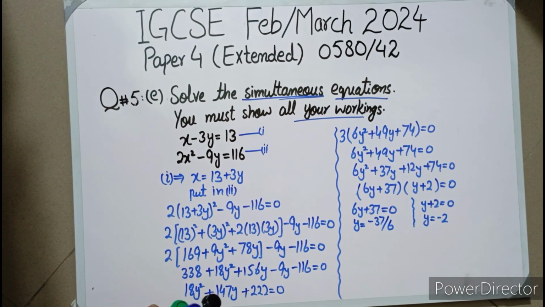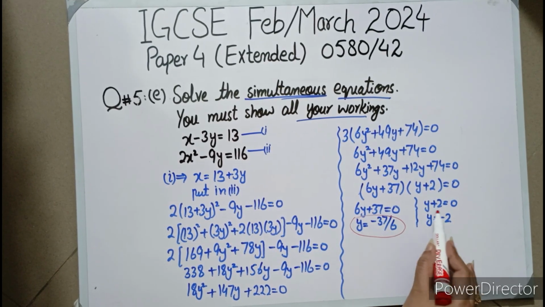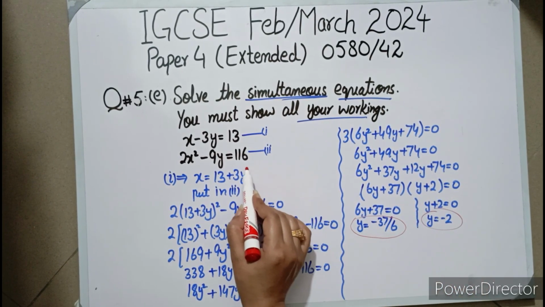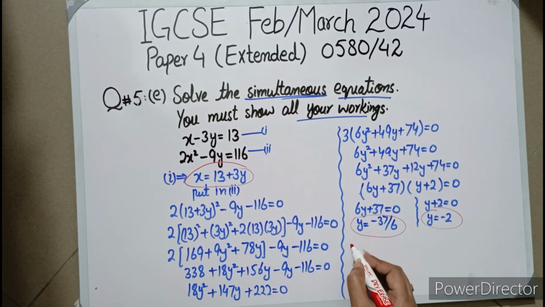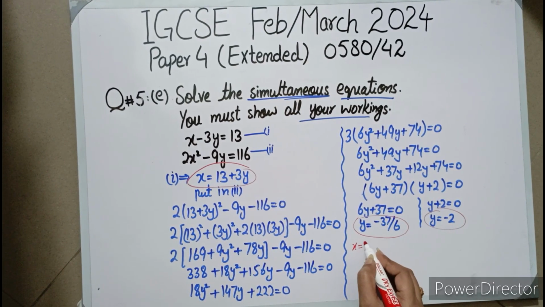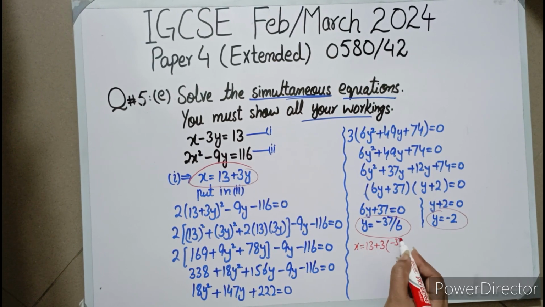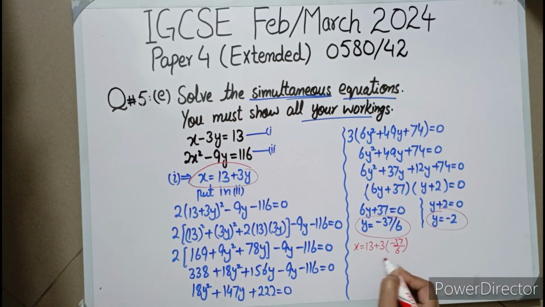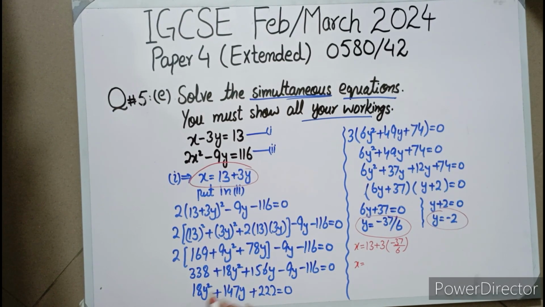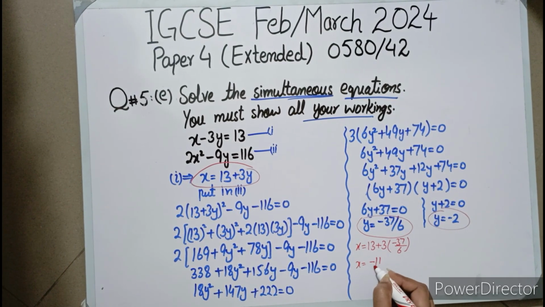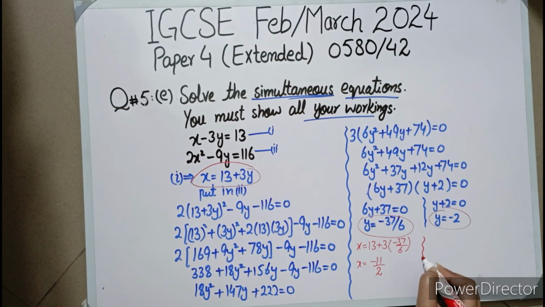Further, you have to use these two values, this one and this one, in this expression in order to get the two values of x. So x is equal to 13 plus 3 times minus 37 by 6. After taking the LCM and simplification, you will get the answer minus 11 by 2.